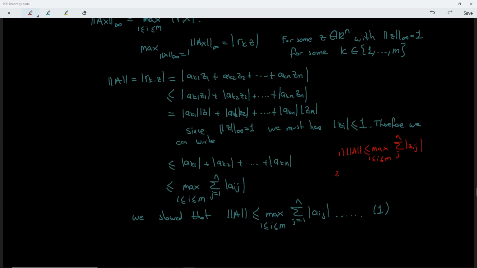And in the second part of the proof, I will show that norm A is greater than or equal to the maximum over 1 to m of the summation over j of the absolute value of aij. Okay. And if something is less than or equal to a number and greater than or equal to a number, that will conclude that the norm of A is equal to that expression over here. Okay.